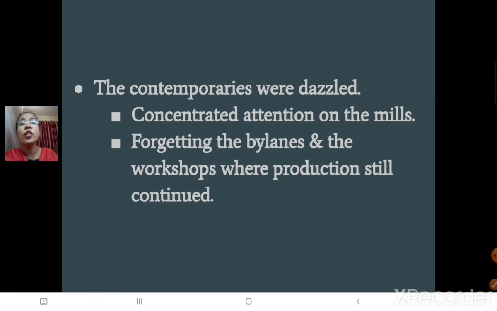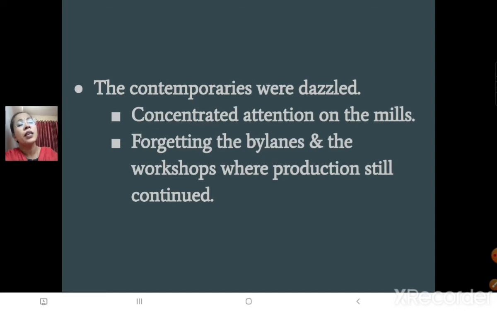People were amazed to see the development. They concentrated their attention more on the mills, we can say big factories, almost forgetting the by-lanes, that is, the small factories and the workshops where the production was still going on.